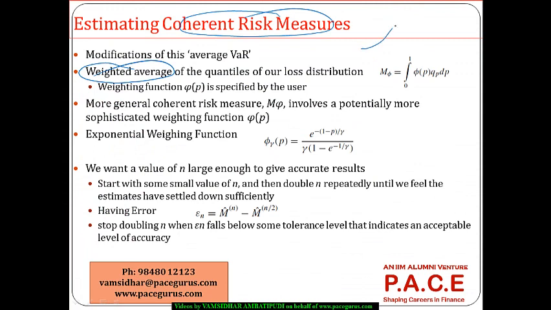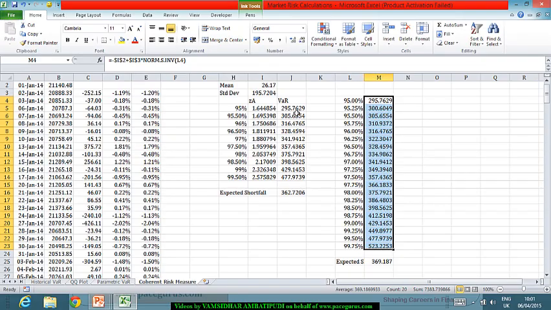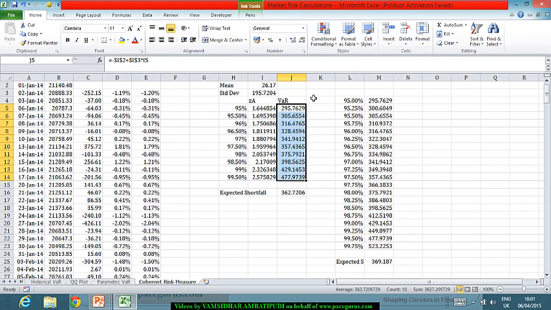Now, if I am assuming that the loss distribution is something, I divide this loss distribution into different quantiles. I find out the value for each of them and multiply it with their corresponding probability, just like this. Here I have given the value at risk equally for all.